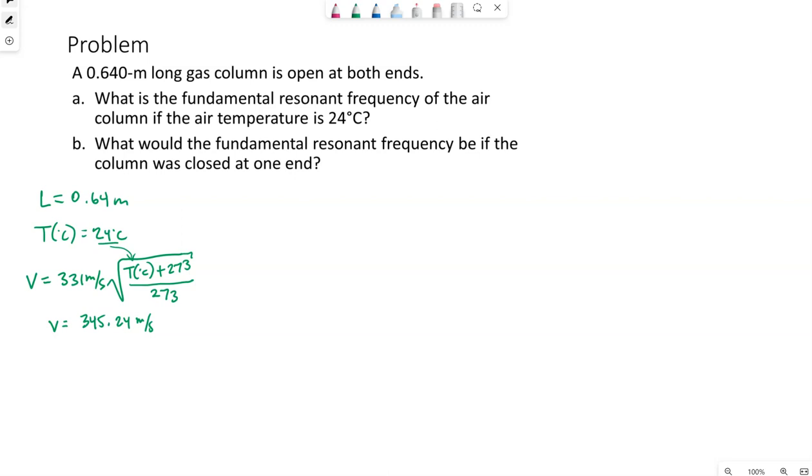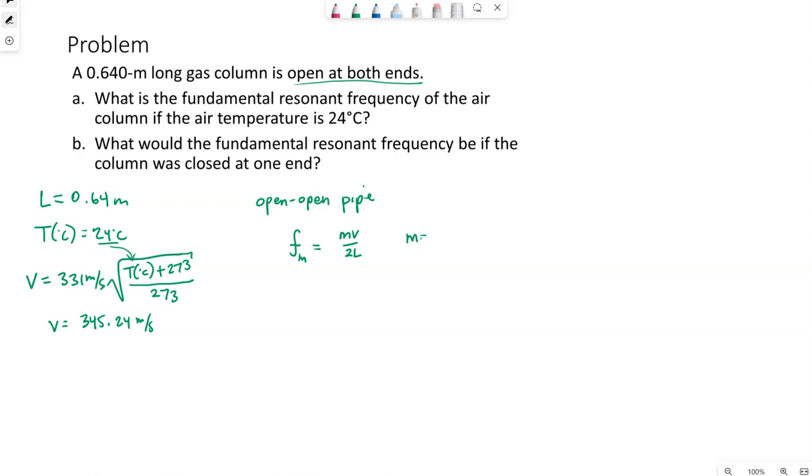So we're told at first that this gas column is open at both ends. So this is an open pipe. Our equation for the frequency in an open pipe is mv over 2L.